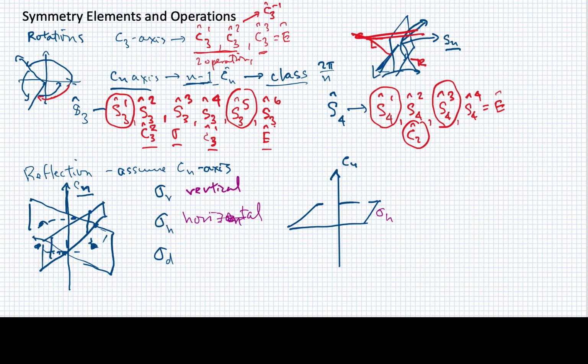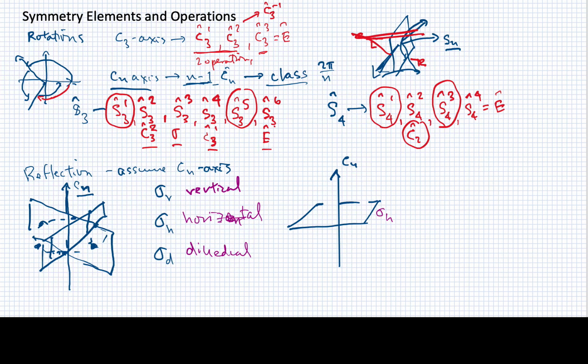It contains the CN axis, but I'll call it a sigma sub d, or dihedral reflection plane. And so you will see this in some molecules that you'll examine during the course of this lesson and the course of this module.